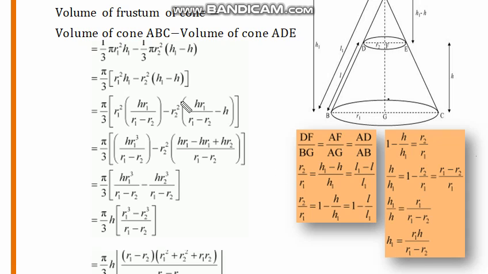Now substitute the H1 value in the given formula: R1 square H1 minus R2 square into H1 minus H. Substituting, we get HR1 divided by R1 minus R2, and HR1 divided by R1 minus R2 for the second term. Taking the LCM, we get HR1 minus HR1 plus HR2 divided by R1 minus R2.